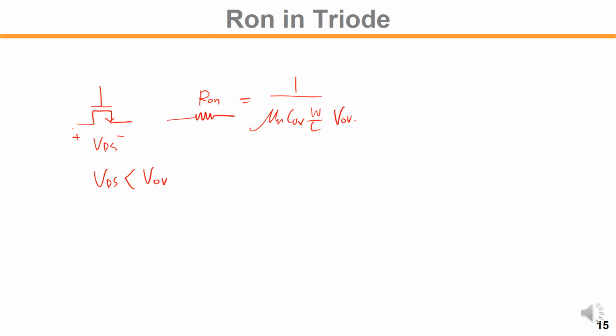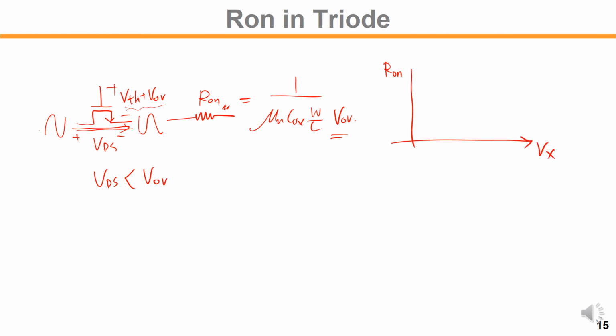If the current flows from left to right, our gate overdrive voltage VTH plus overdrive, we care about this side of voltage. If there is any signal fluctuation going up and down here, we are modulating the overdrive voltage, meaning the resistance we see may differ. So R-on is in here.